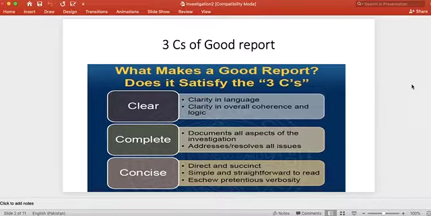We had studied in paragraph writing that if something is to be called good, its parts need to be connected with each other via coherence, logic or idea. So if what is written by us is connected in that way and the language is clear, we shall say that the report is clear. So an investigation report has to be clear with these references.